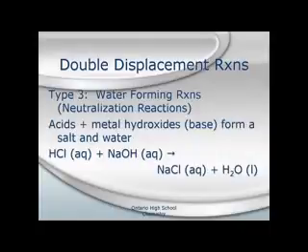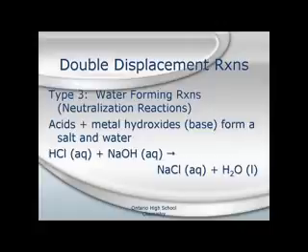A third type of double displacement reaction are water-forming reactions that we'll also call neutralization reactions. In these reactions, we'll have acids being added to metal hydroxides, which are basic, and they form a salt and water. So our example here is aqueous hydrochloric acid being added to aqueous sodium hydroxide. We form sodium chloride, aqueous, and liquid water.